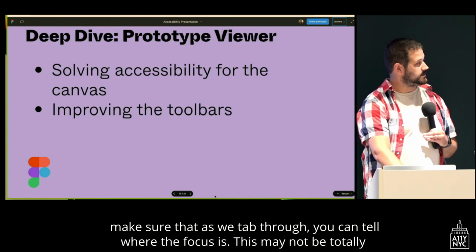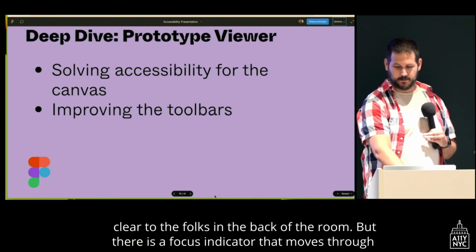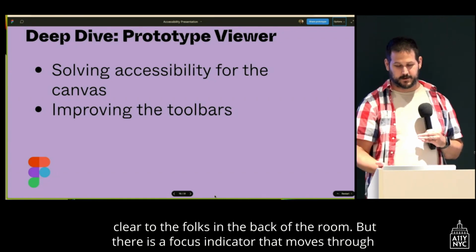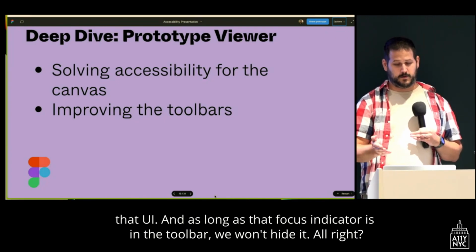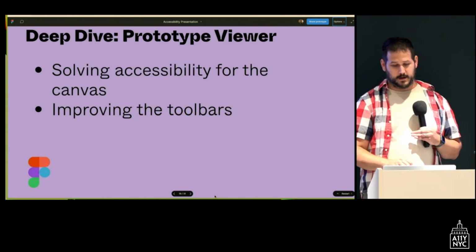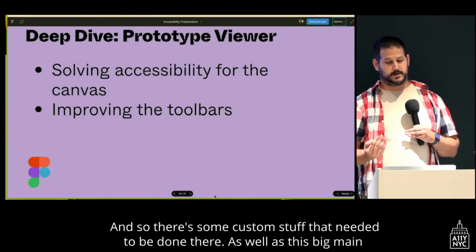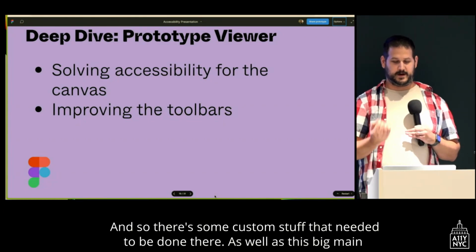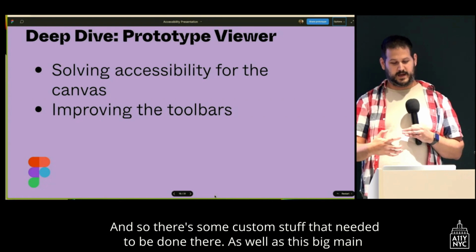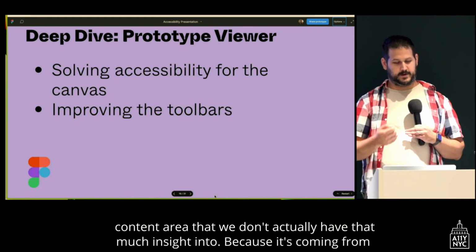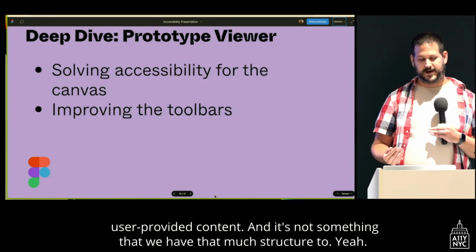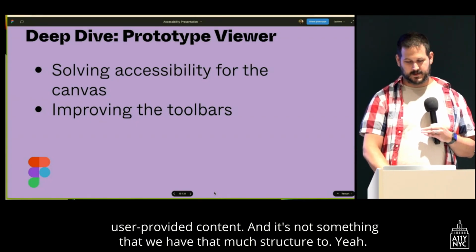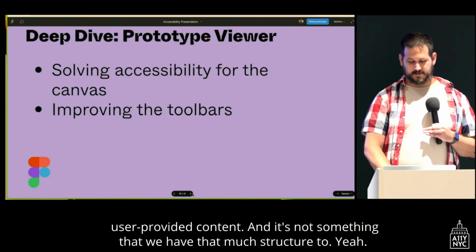This may not be totally clear to folks in the back of the room, but there is a focus indicator that moves through that UI. And as long as that focus indicator is in the toolbar, we won't hide it, right? And so, there's some custom stuff that needed to be done there, as well as this big main content area that we don't actually have that much insight into because it's coming from user-provided content. And it's not something that we have that much structure to.